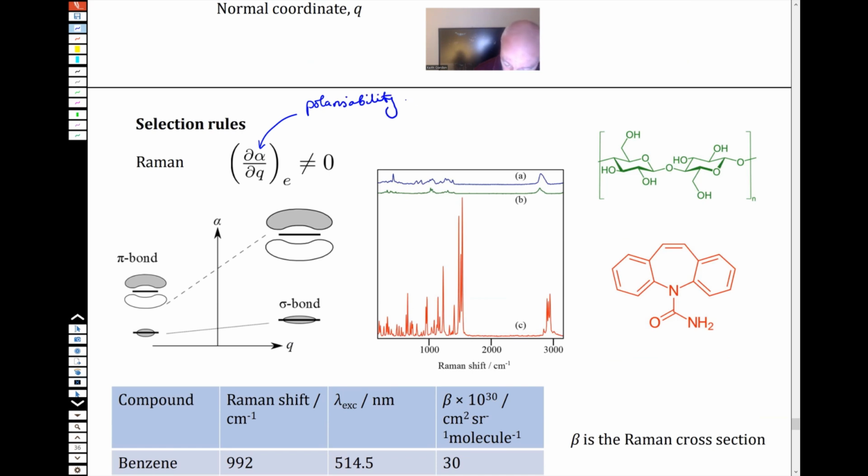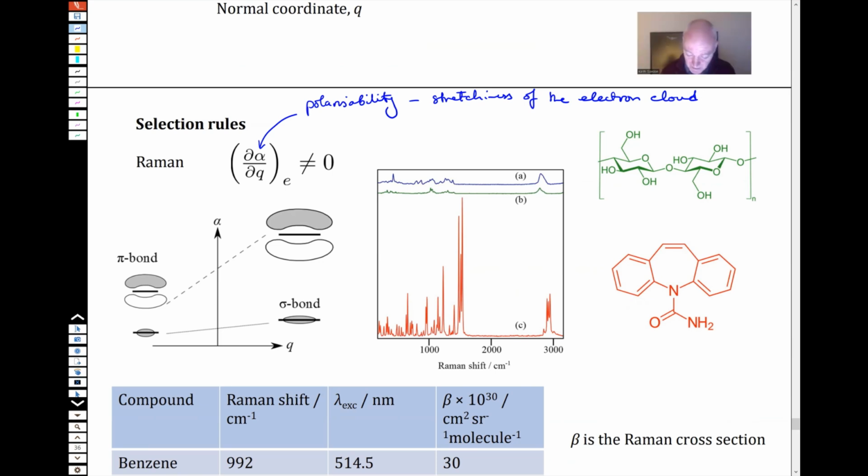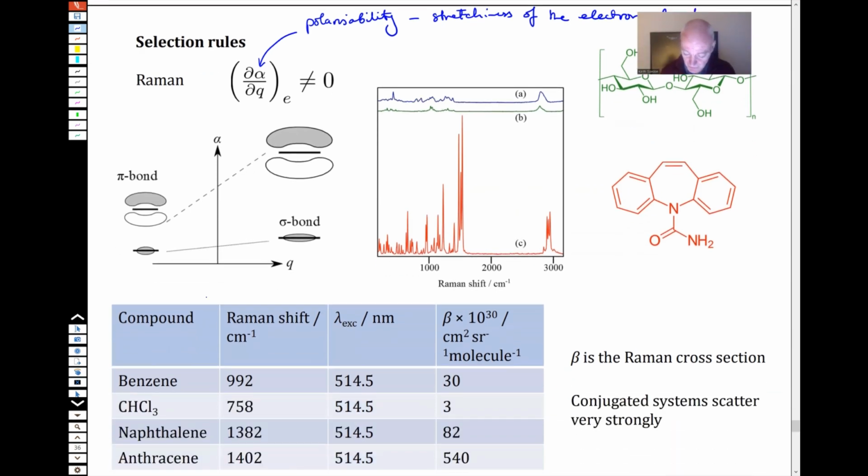The polarizability is really related to the stretchiness of the electron cloud. That's a strange concept, but let's think about it for a moment. It's not so different from the dipole moment change that we saw for infrared. It's just that it's not quite the same. So the stretchiness of the electron cloud.